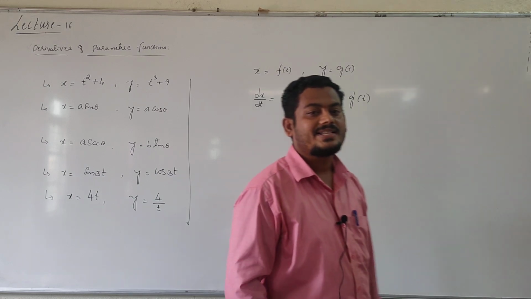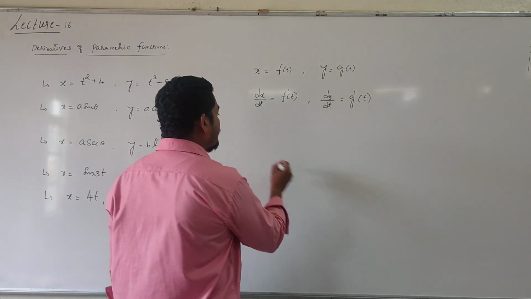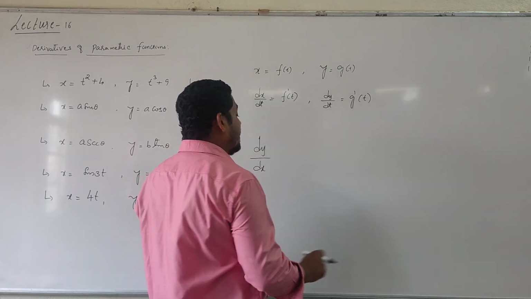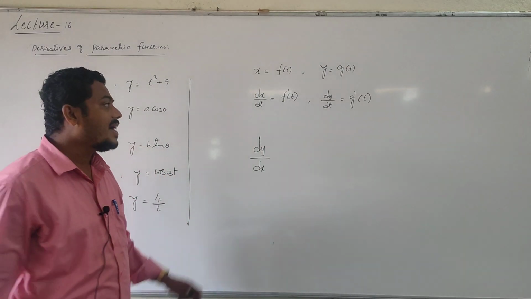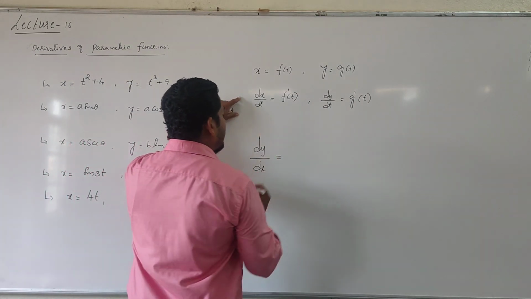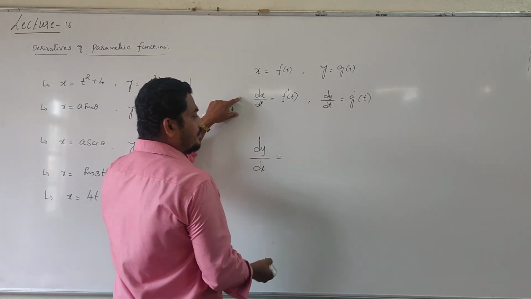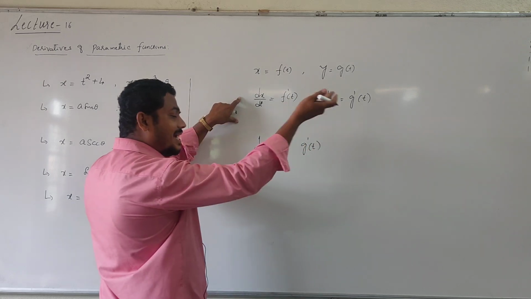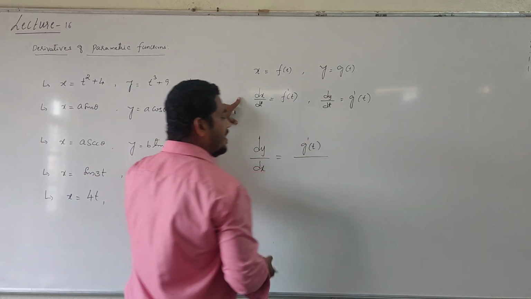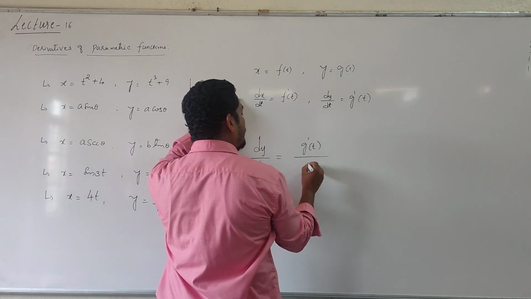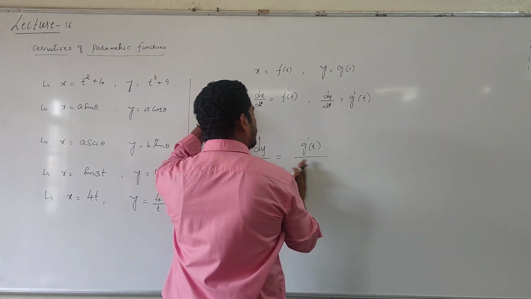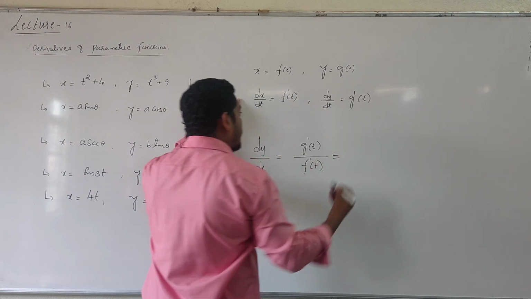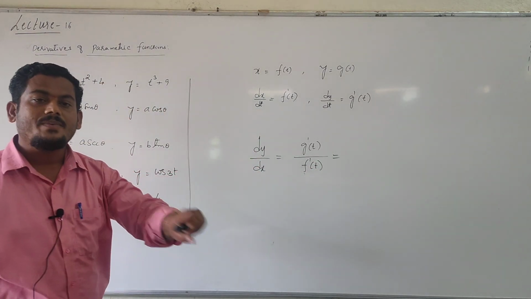After finding dx by dt and dy by dt, our requirement is dy by dx. dy by dx equal to g dash of t, derivative of second function with respect to t divided by derivative of first function with respect to t, f dash of t.